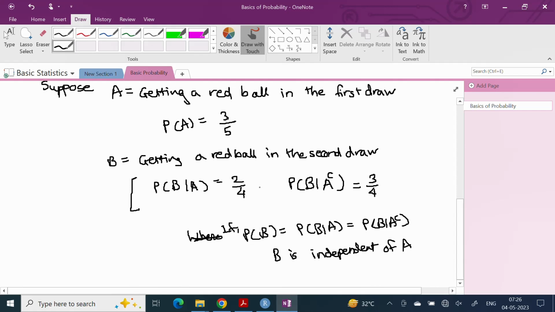In such a scenario, we say that the two events are dependent on each other.